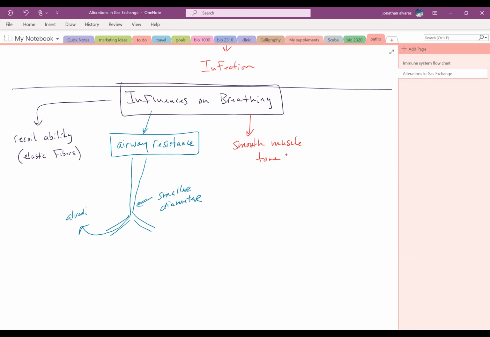All right, so some chemical influences can be your beta adrenergic receptors. Okay, these promote bronchial dilation.